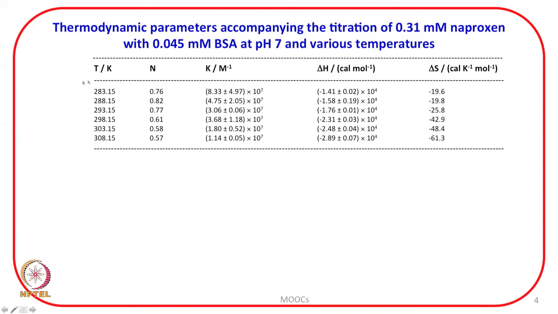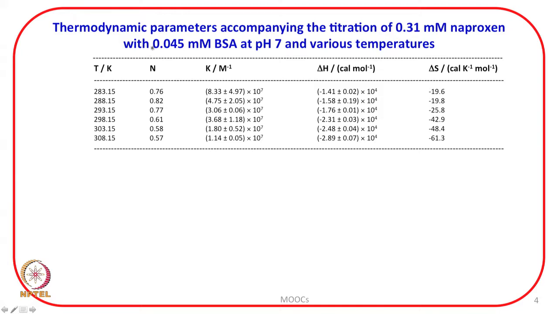In the design of this experiment, naproxen at a concentration of 0.31 millimolar was taken in the syringe, and bovine serum albumin at 0.045 millimolar was taken in the cell.